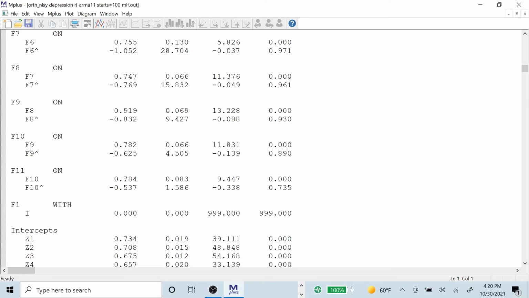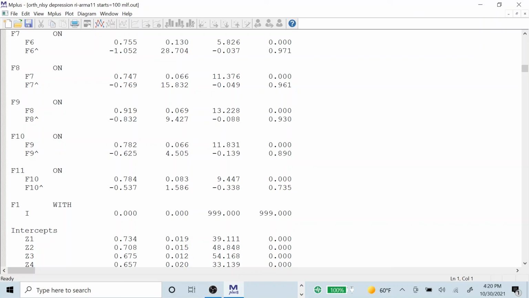So in this case, we probably would choose model 3, ARMA 11, with its 41 parameters. So that doesn't have a random intercept component, and it seems to be a simple model that seems to be better for these data.